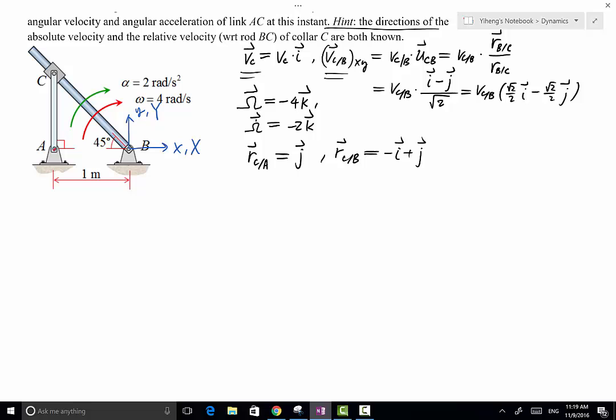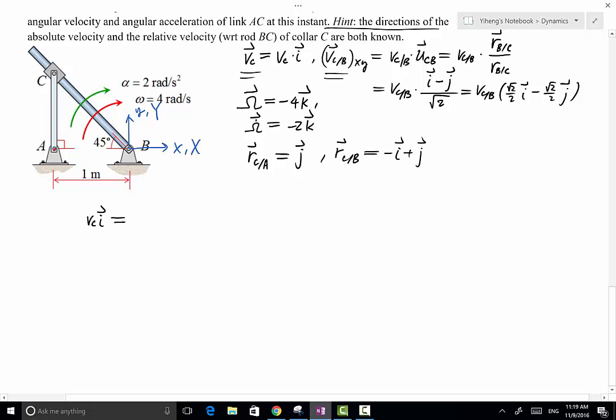So for point C, that is, the collar C that moves along the rod BC, we can write its velocity. So VC is what we know earlier based on rigid body AC.